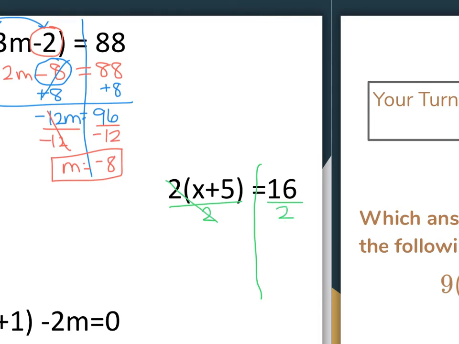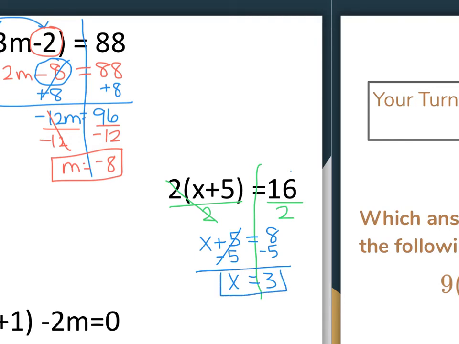I am left with x plus 5 on the left side, and 16 divided by 2 is 8. Now all I have here is the number that's not directly with the variable, so subtract 5. x is equal to 3. I don't have to do any other steps here because the variable is all alone like we want it.